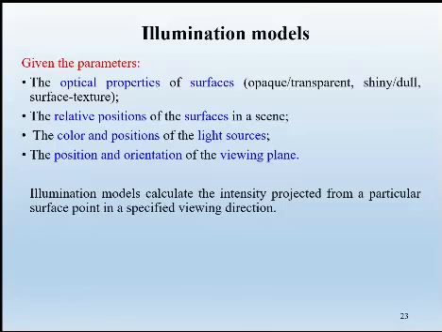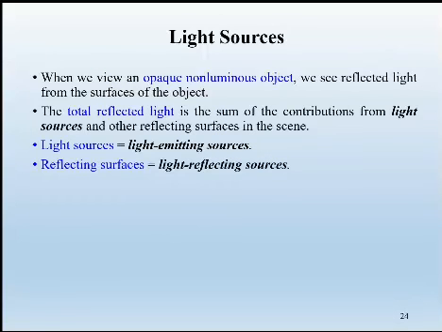The illumination model calculates the intensity projected from a particular surface point in a specified viewing direction. So, using all these parameters, how we can find out the intensity, we are again going to see in detail.